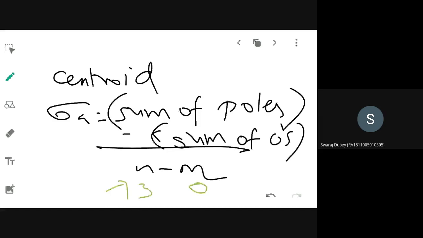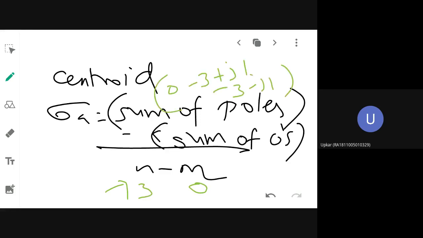You must have written down G of s, and from that you have calculated the poles and located them. What are the poles? 0, 0, 0, minus 3 plus j1, minus 3 minus j1.